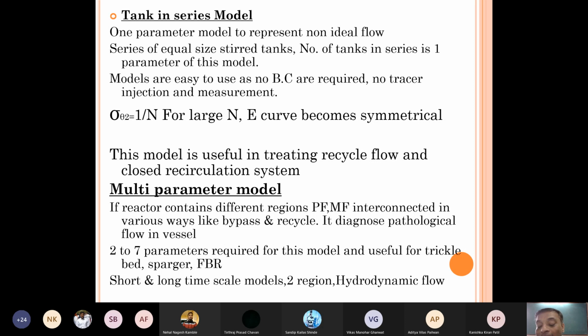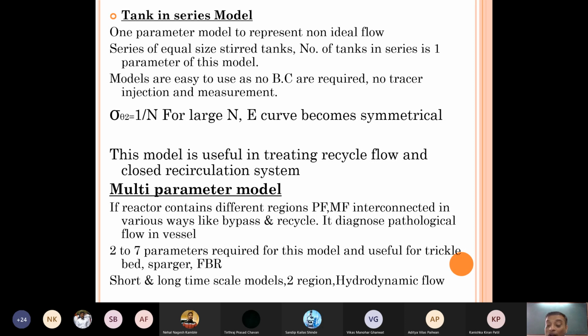Now I will tell you what is the hydrodynamic flow model. So in hydrodynamic flow models, we are having bubbles. That is one phase. Then we may have catalyst, that is another phase. Then we may have liquid, in which that catalyst and bubbles are suspended. So 3 phases are there, so this multi-phase reactor is there.